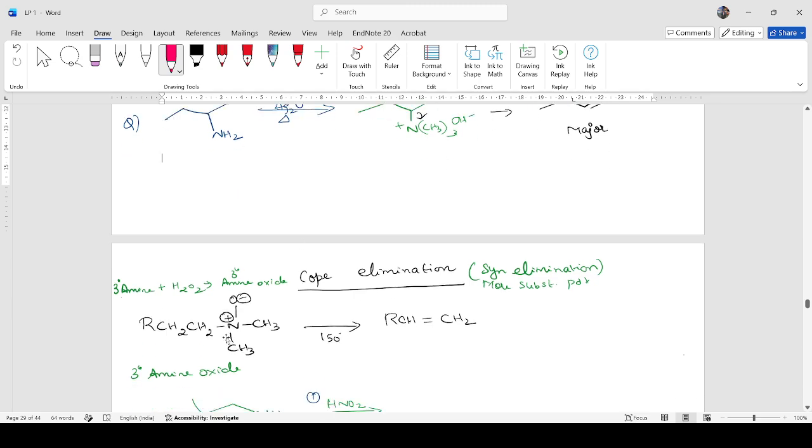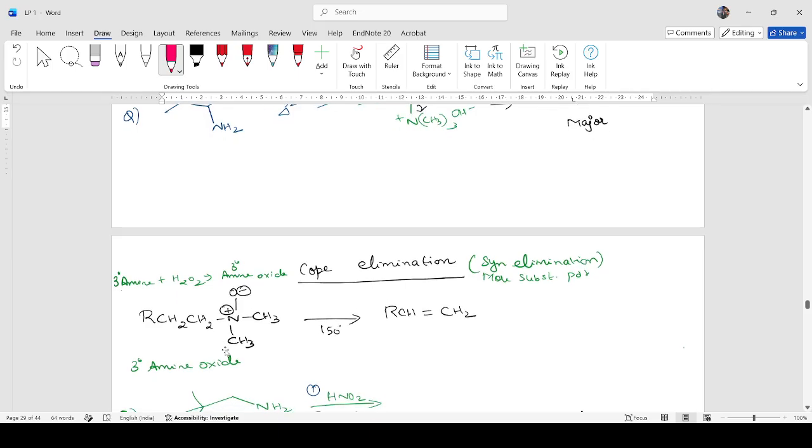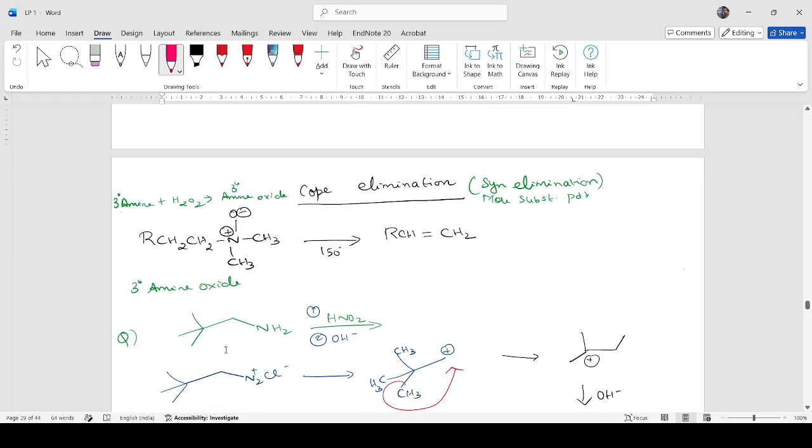It is still a tertiary amine only, isn't it? Because the nitrogen is not having another carbon. To this, I am treating with hydrogen peroxide. It is an oxidizing agent. It will introduce oxygen, so a tertiary amine oxide is formed here. This I heat, which is going to form an alkene for us.